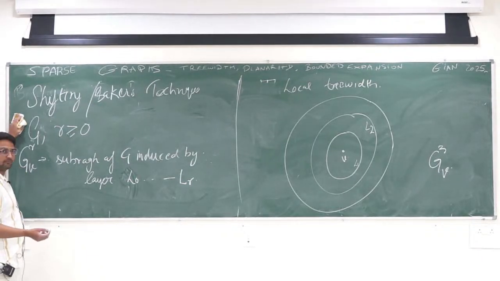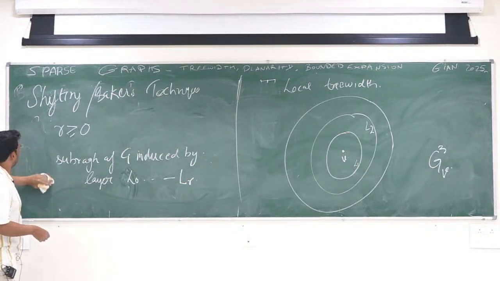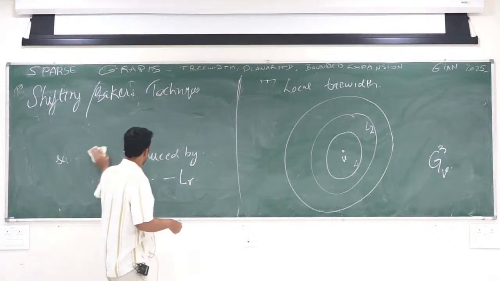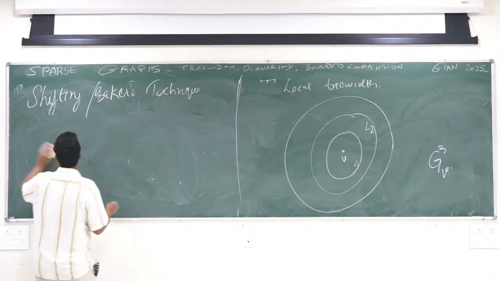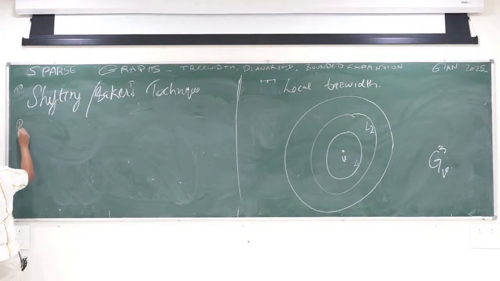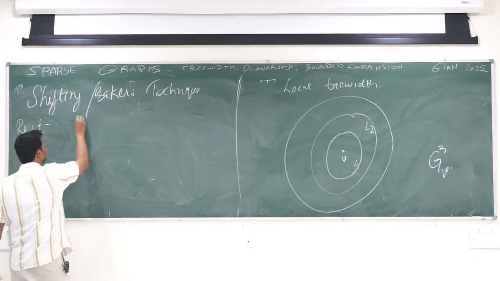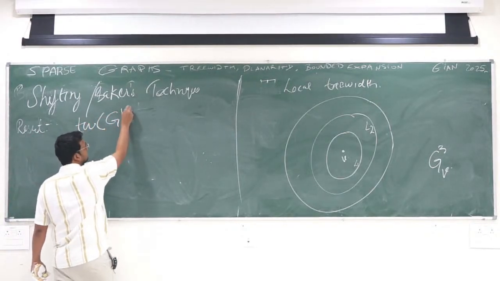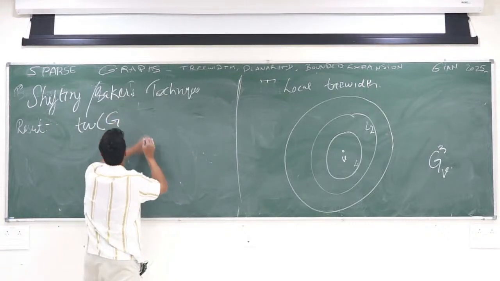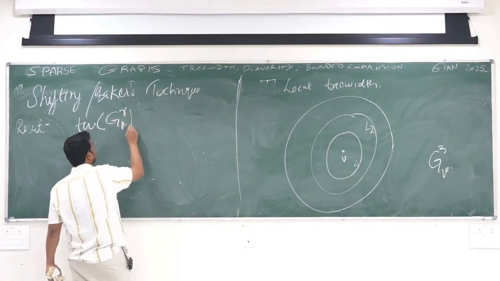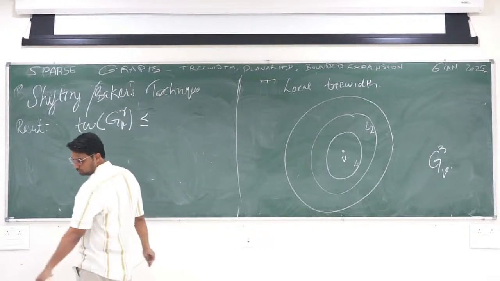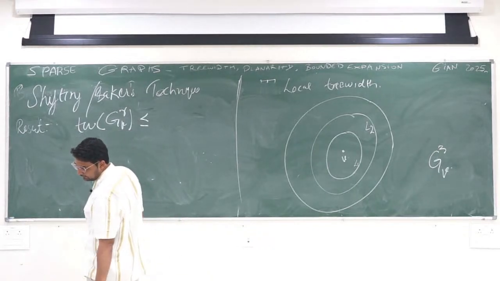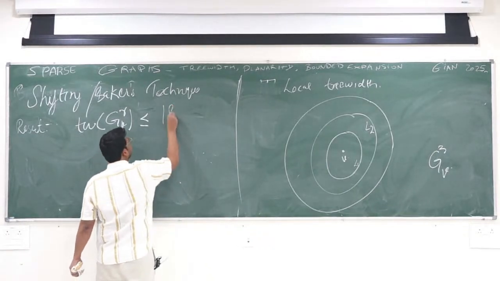The first result, which follows from our previous results, is that the treewidth of G_V(R) is less than or equal to 18R plus 30.